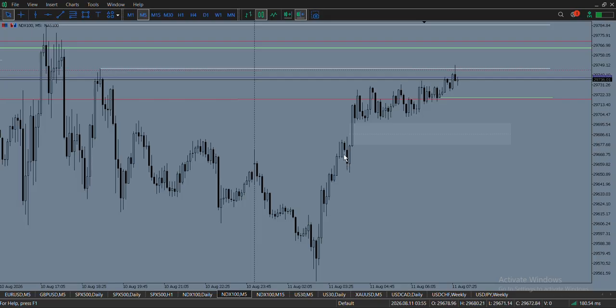We had another one here. We visited here and here, and look at the bodies still inside that inefficiency, and then we had this protraction higher. So what was it reaching for? This high here together with the midpoint of that new week opening gap. That is what it was reaching for.